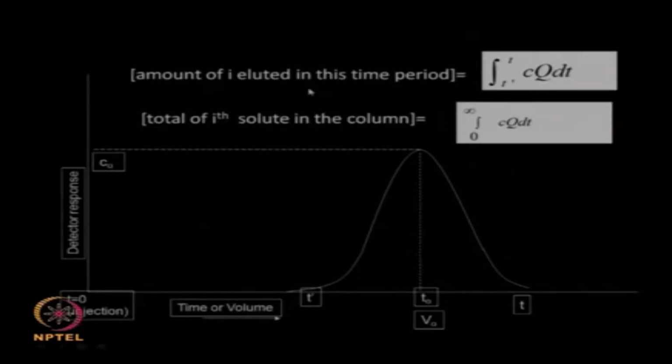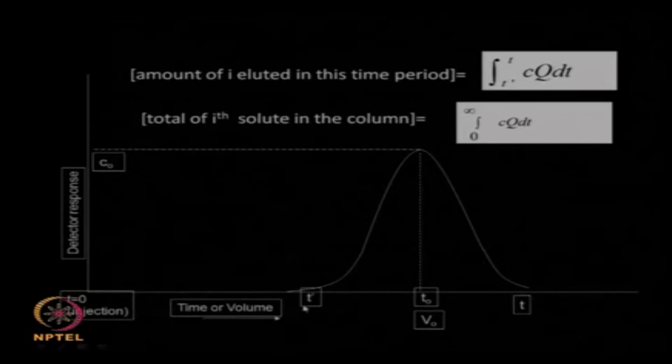Now the amount of I eluted in the time T dash to T will be, obviously, the integral of C × Q × dt, where Q is your flow rate and C is your concentration.